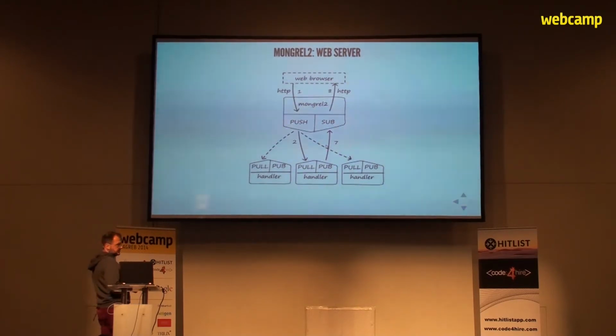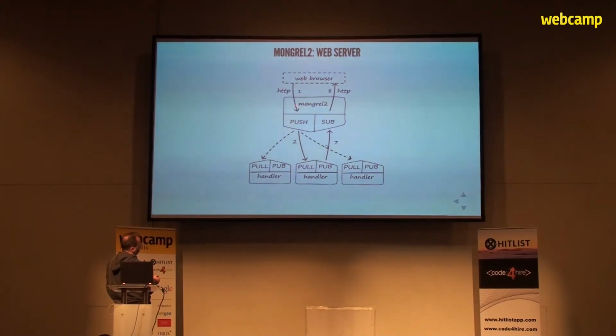Then it starts to process this task, whatever it is, and when it's done, it fires an event through its publisher socket, which is picked up on this subscription socket and returned to the client. The reason why the numbers are not continuous, 1, 2, 7, 8, is that during this processing in the handler, there can be another request, 3, 4, which will end up here and be processed here. So it really depends.